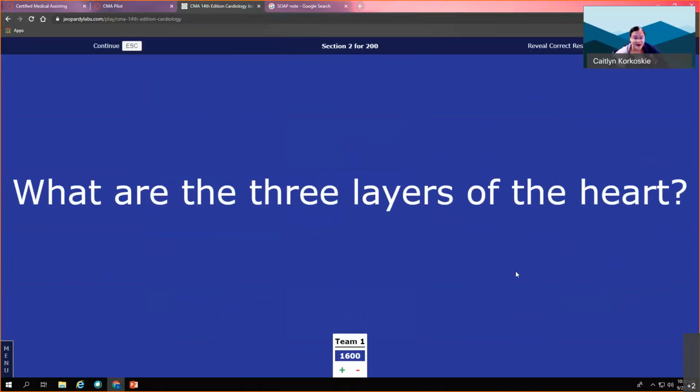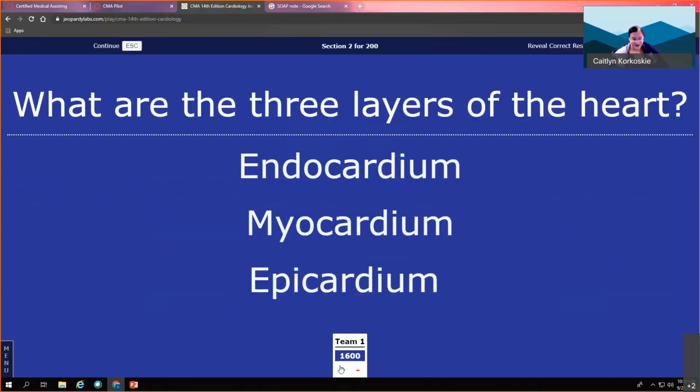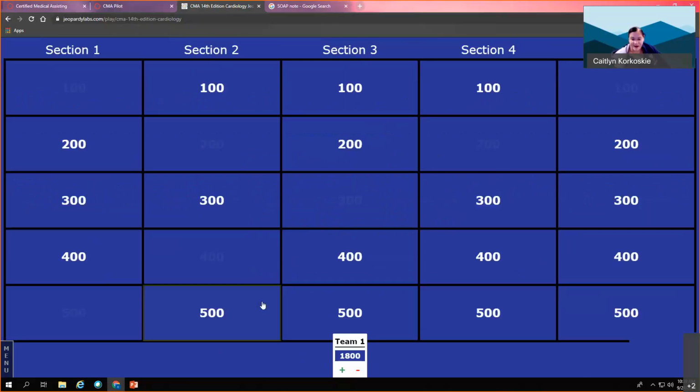You have the myocardium. That's 2 more. Epicardium and endocardium. Yes. Those are the 3 layers of the heart. Very good.